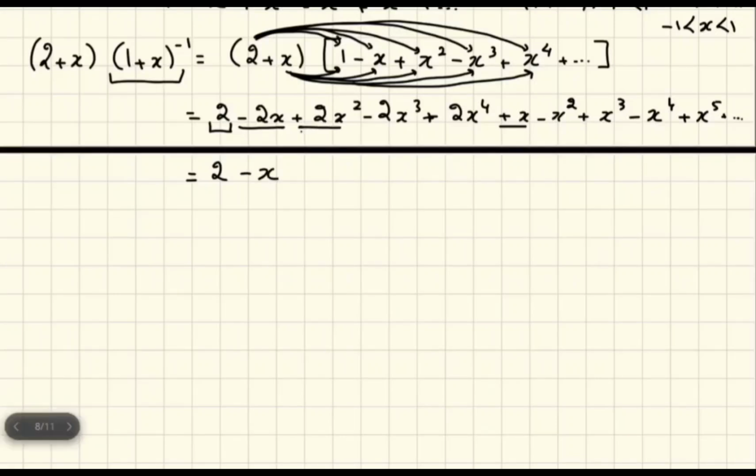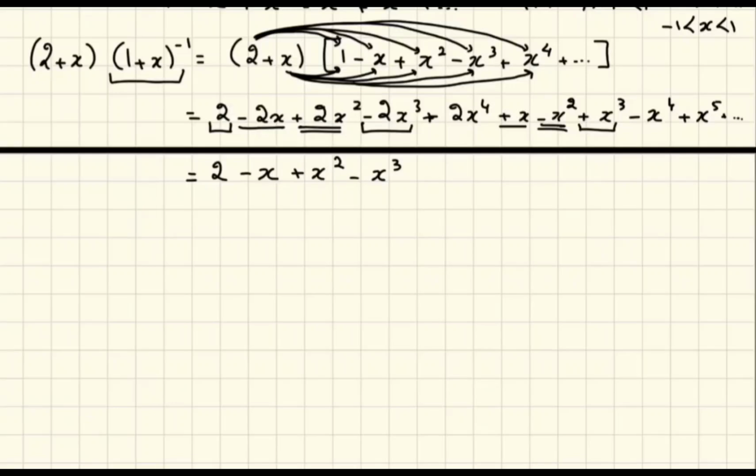Then we look at x squared. I have 1 here. So plus 2x squared minus x squared will be plus x squared. Now I look at x cubed. We have minus 2x cubed plus x cubed, and it will be minus x cubed.